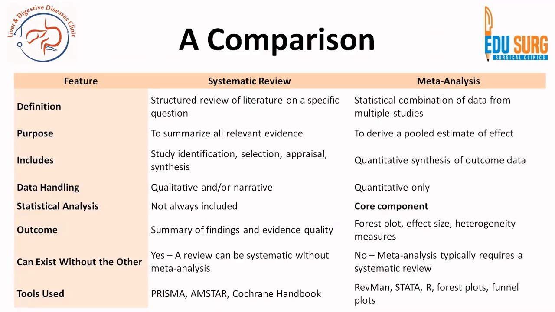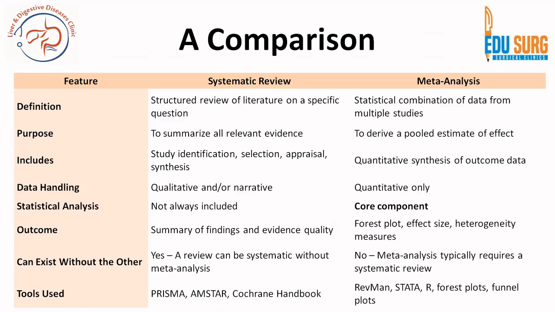Basically, statistical analysis is not always included in systematic review. And even if it's included, it's going to be qualitative analysis. Whereas in meta-analysis, this is quantitative and the statistics is the core component.